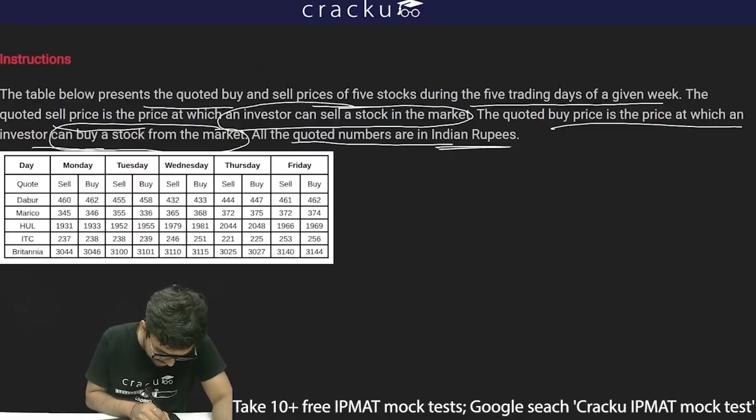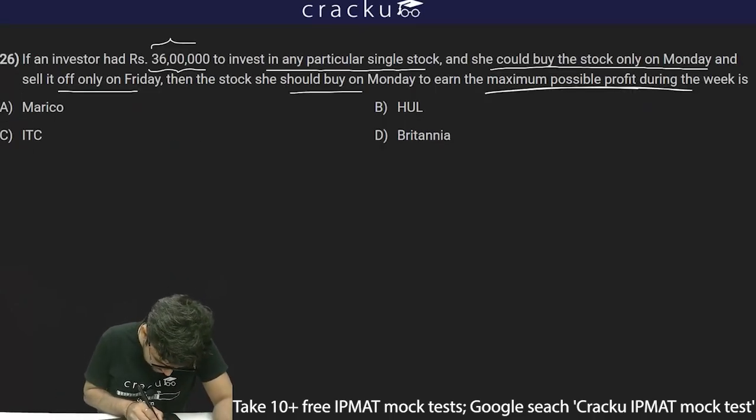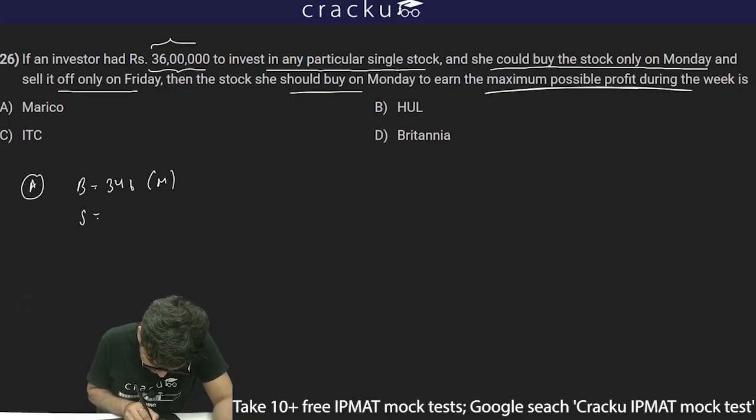First is Marico. Marico's buying price is 346 on Monday and selling price is 372 on Friday.